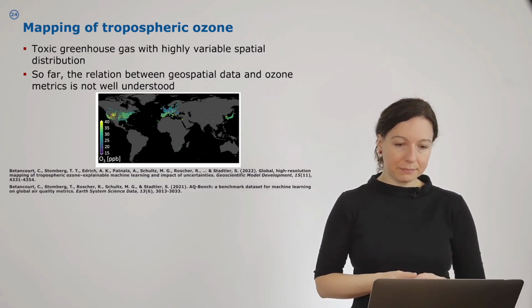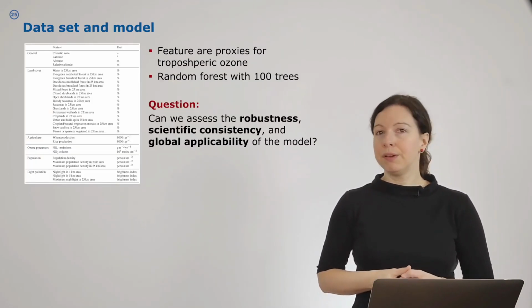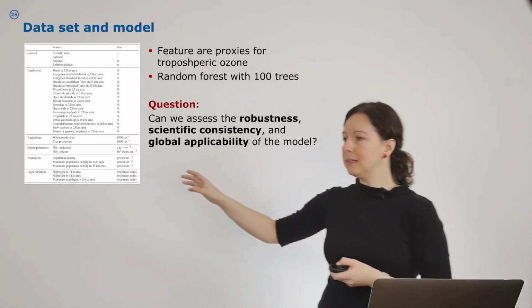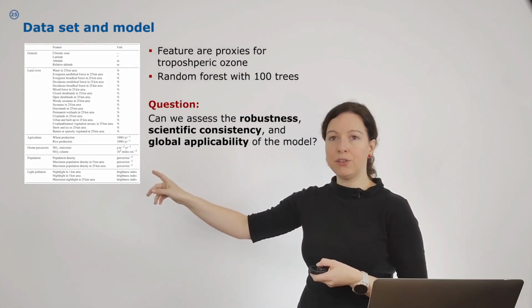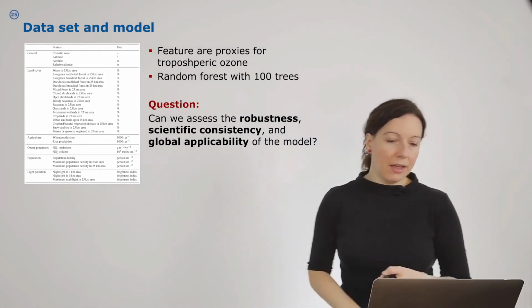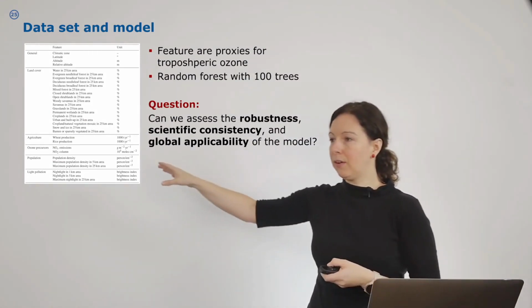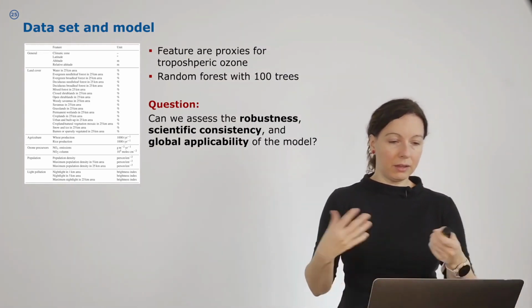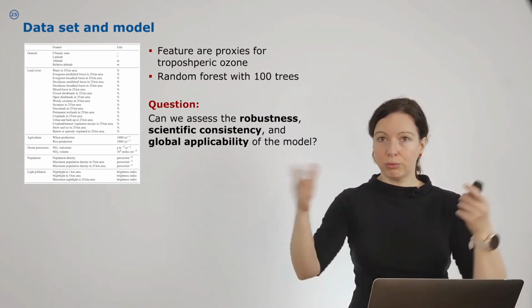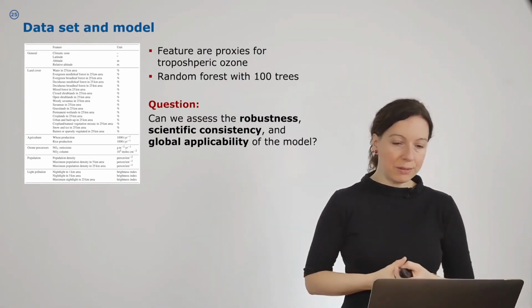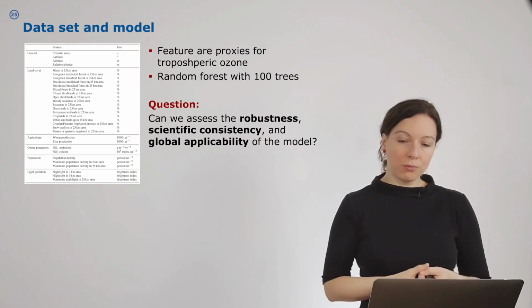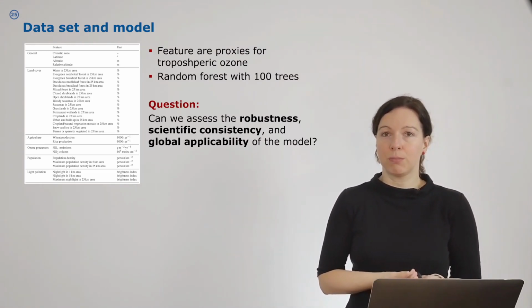Just to give you a brief impression about the data set, several features were collected, and these are all the features used in this model for this relationship. All of these features are more or less known proxies for tropospheric ozone.